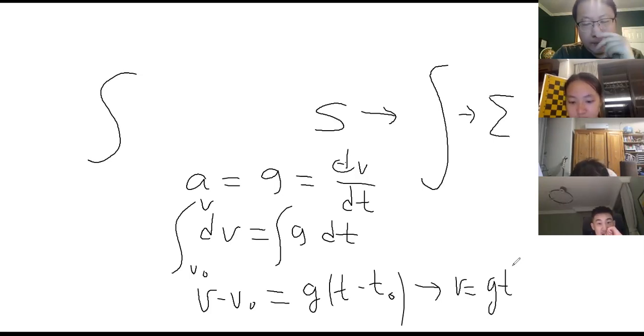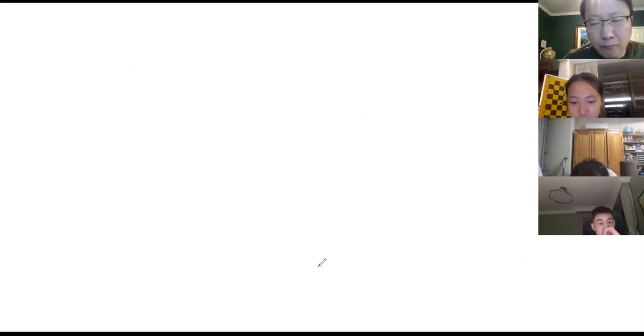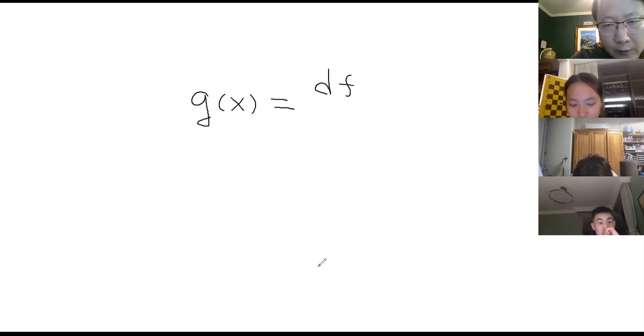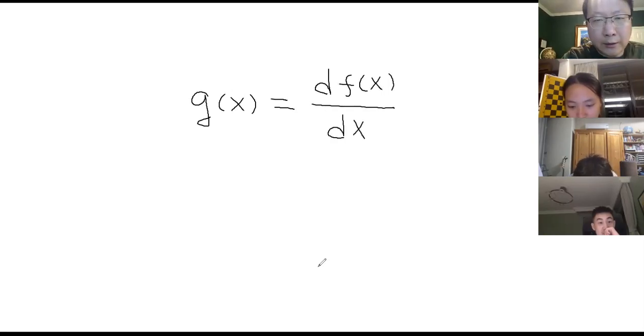Okay, so now we have a function gx, which is the derivative of function f, just like velocity is the derivative of distance, and acceleration is the derivative of velocity.